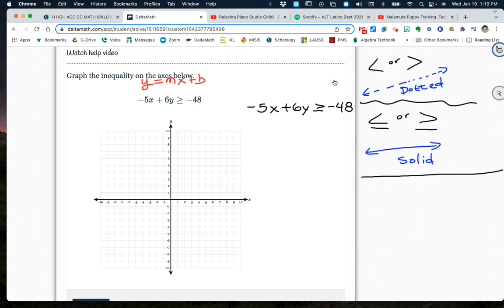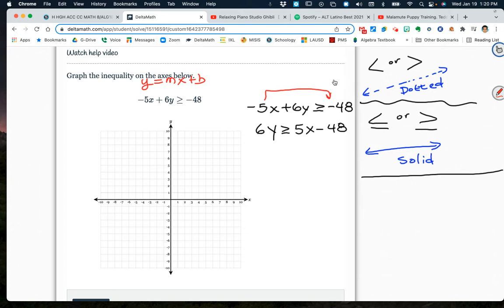Let's move negative 5x over to the other side. If you want, you can add 5x to both sides. Otherwise, we can recognize it's just going to become positive. So 6y greater than or equal to 5x minus 48. Okay. What should I do now?